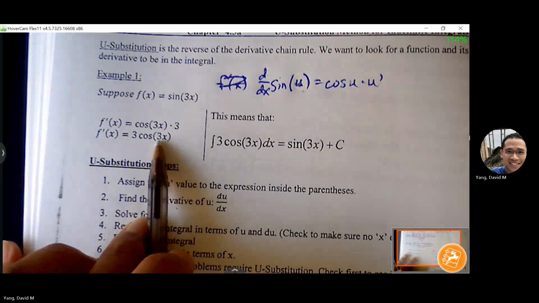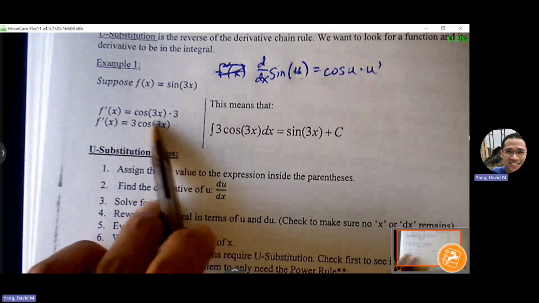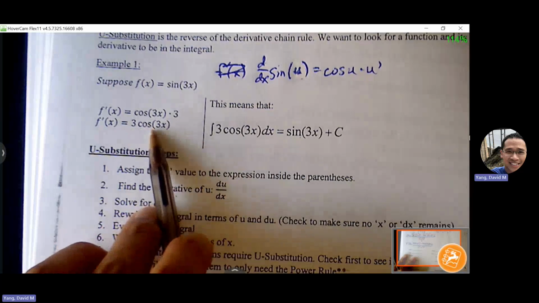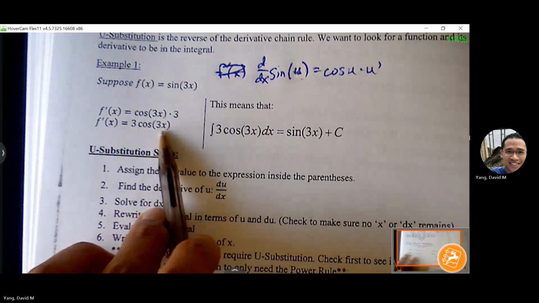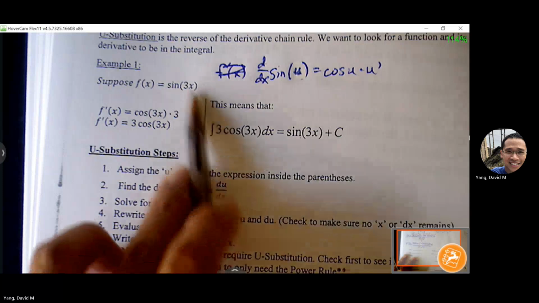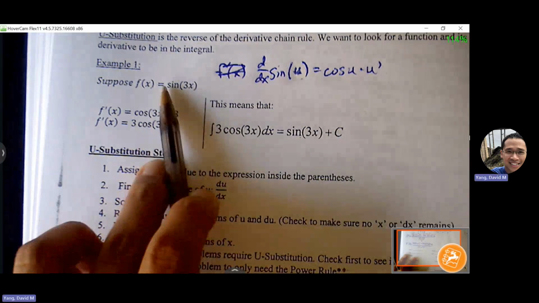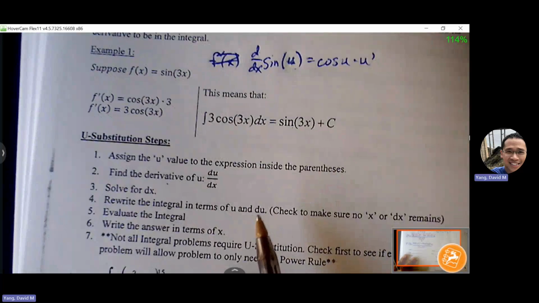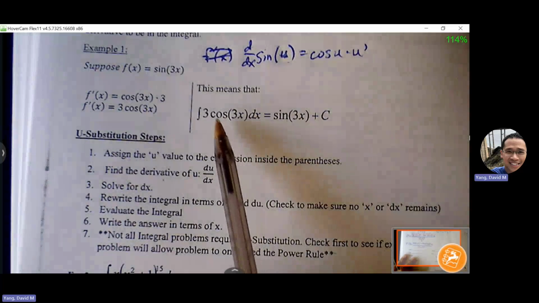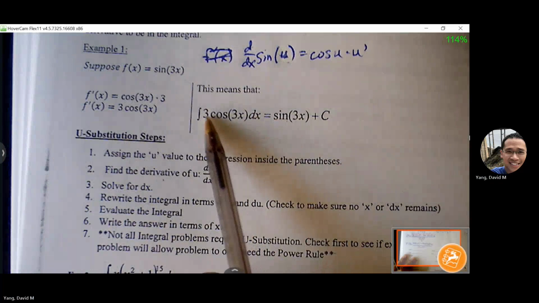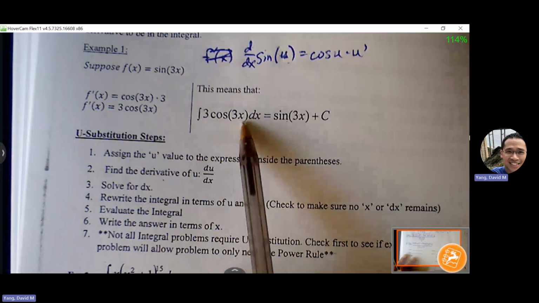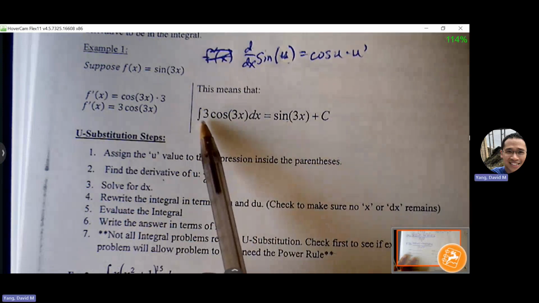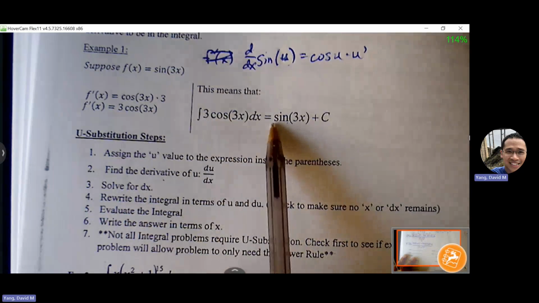But what that means is if I were to find the antiderivative of 3 cosine 3x, that must bring me back to what? Sine of 3x, right? Because if this is my derivative, then I should be able to make my way back. But it's a little bit harder, because for the integral of 3 cosine 3x dx, I know that cosine becomes sine 3x, but how do I know that I need a 3 there and that this will disappear?